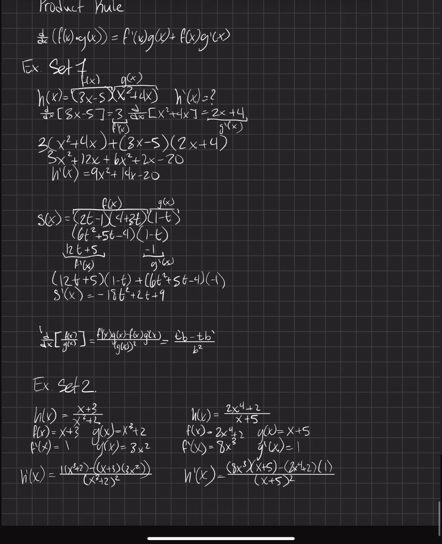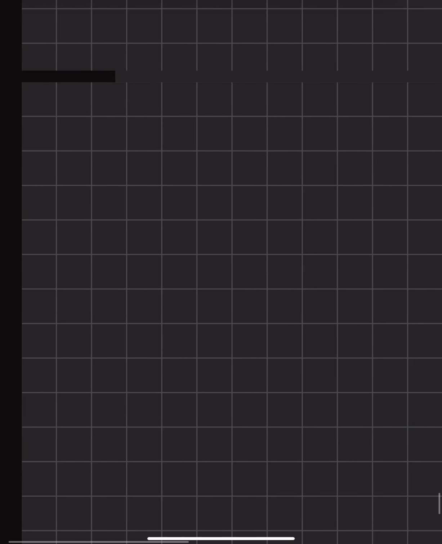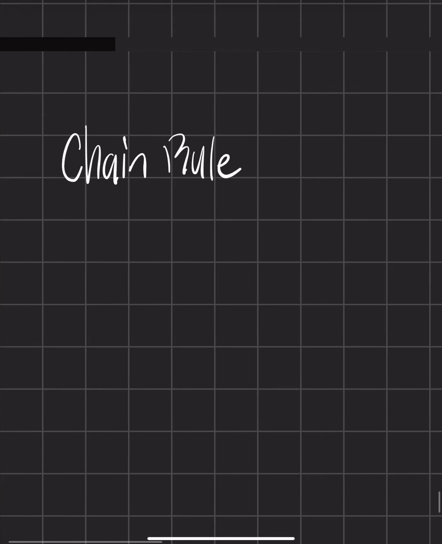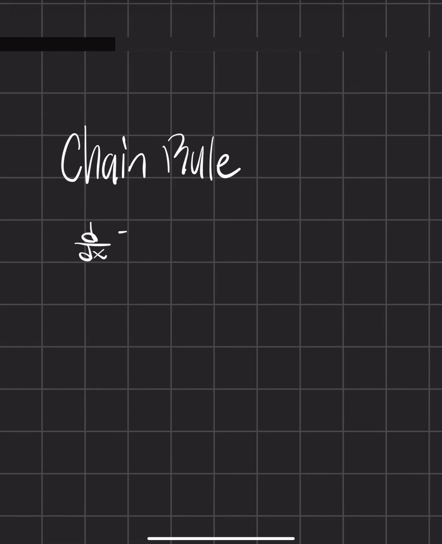And now the next and last part we need to go over is the chain rule. This here, chain rule. So when we go over the chain rule is when we want to find the derivative of a composition function. So f of g of x, for example, right?